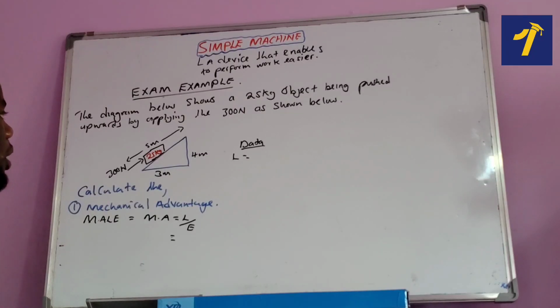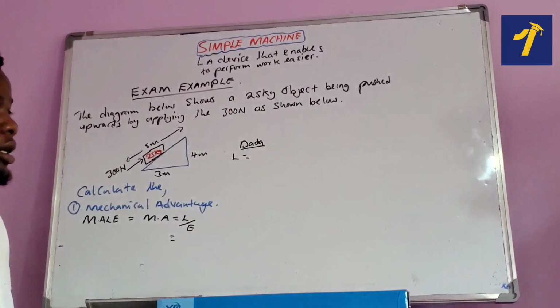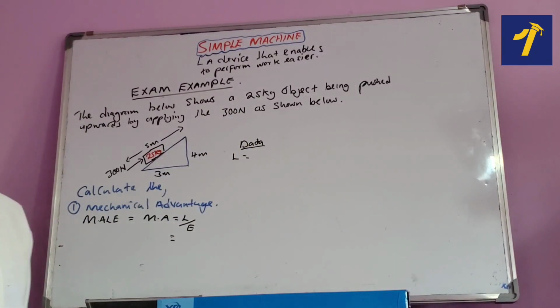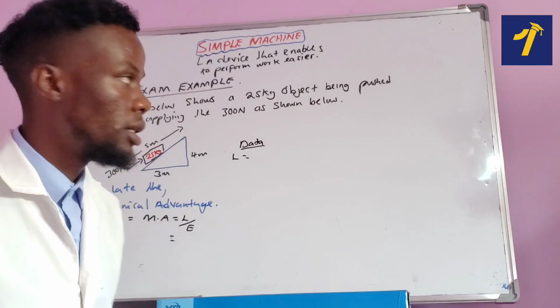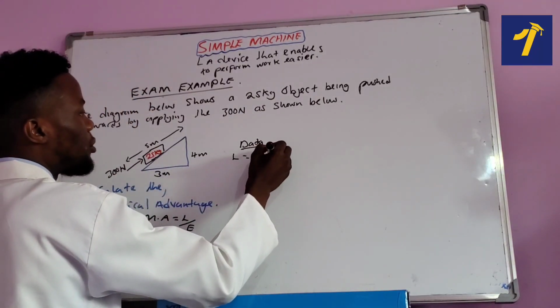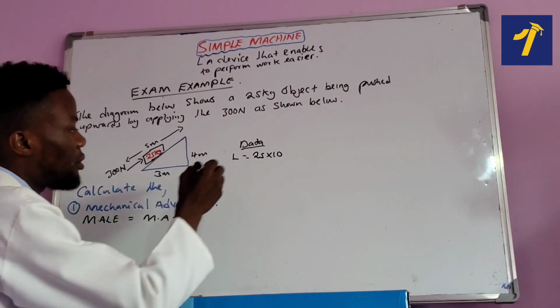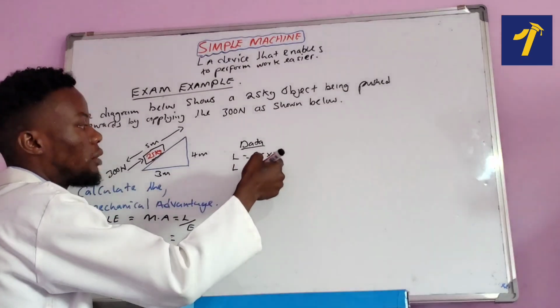Okay, so now we're going to convert this 25 kg, which is the mass, into force. So how do you do that? Basically, you simply just multiply by 10. So you get this 25 kg, then multiply by 10 like that. Then if you multiply by 10, this 10 is what we call the force of gravity.